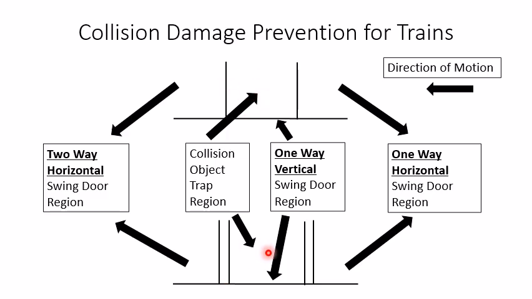The intermediate region is the collision object trapping region, and this is one-way. The bottom of the framework has one-way vertical swing doors, and the later half has one-way horizontal swing doors.